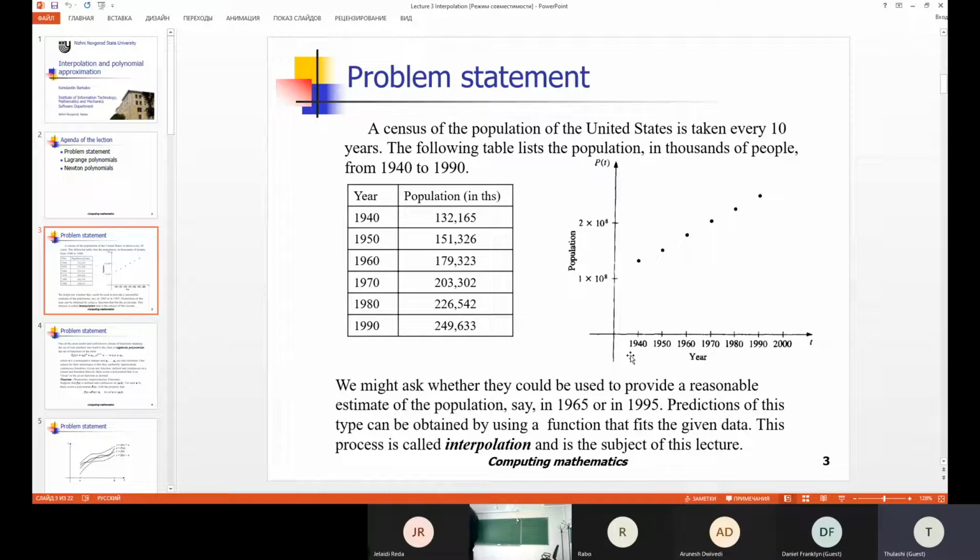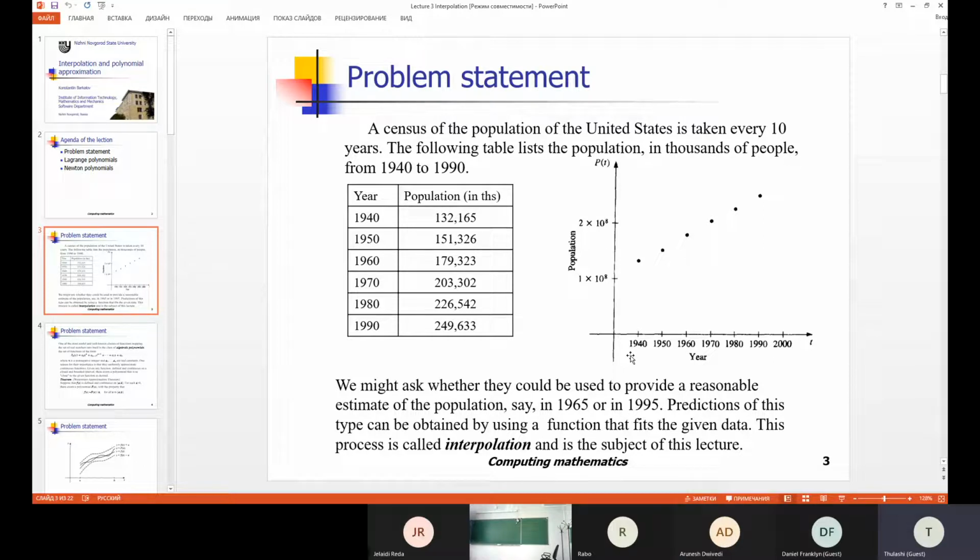you may see the population in thousands of people in the United States from 1940 up to 1990. Of course, this table is bigger, and now we have data on the number of people in 2010 and 2020.